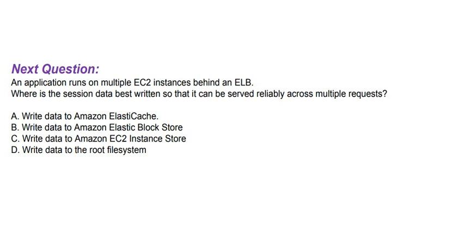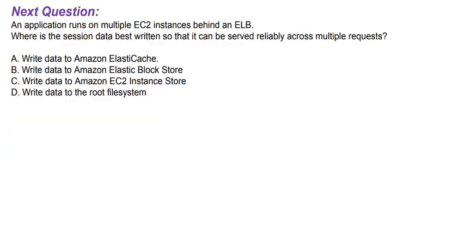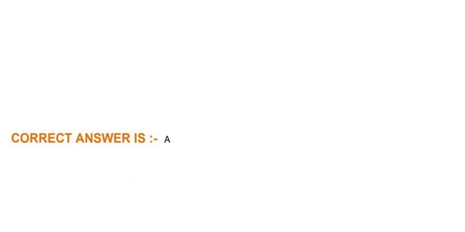Option B. Write data to Amazon Elastic Block Store. Option C. Write data to Amazon EC2 Instance Store. And option D. Write data to the root file system. The correct answer is option A.